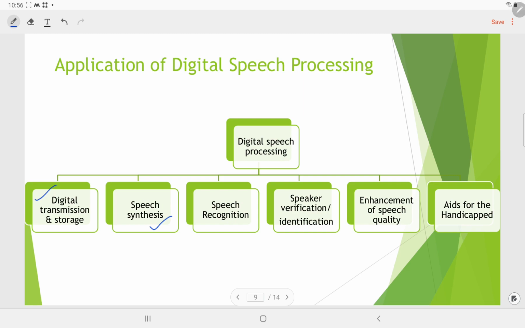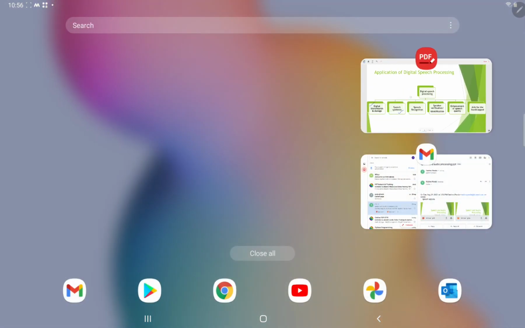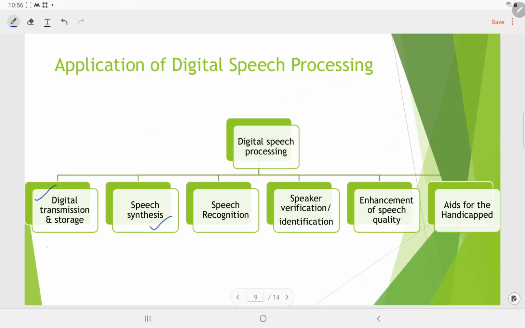Generally, digital transmission is done when you talk over the phone: your speech signal is transmitted from one point to another. Apart from that, you need to store the audio signal. It can be a song or a voice. For that you need to encode your signal, so that comes under this.